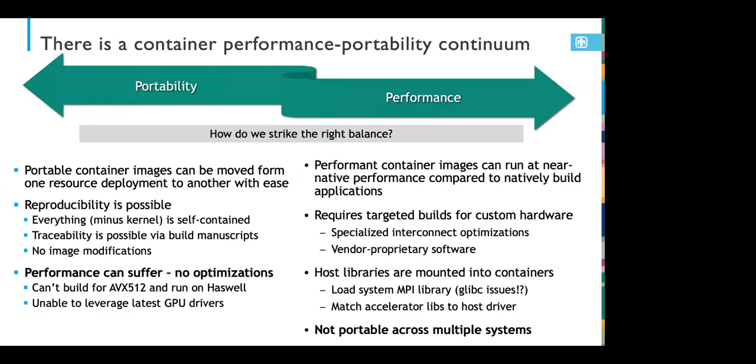Or are you really at the bleeding edge and you need every bit of exascale performance, and you require multiple targeted builds for custom or boutique hardware, which we often see in HPC? And are you doing absolutely everything possible?